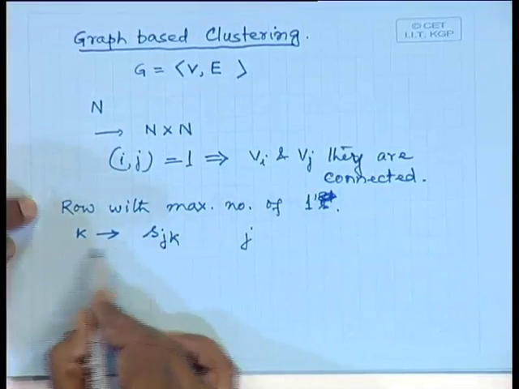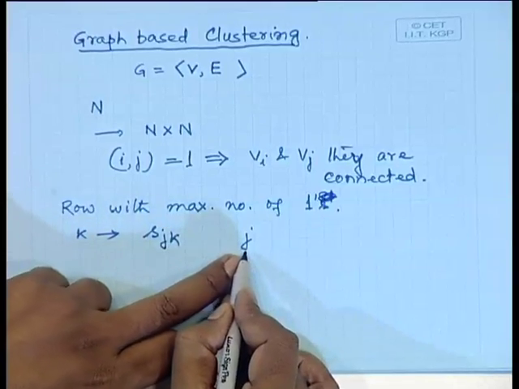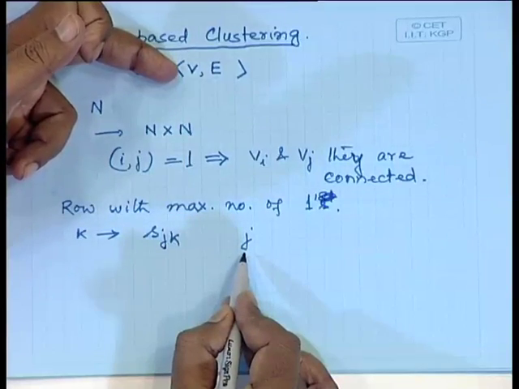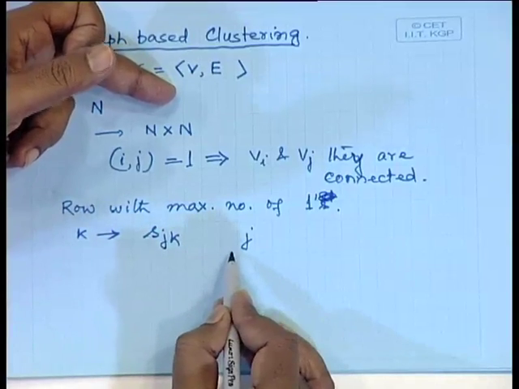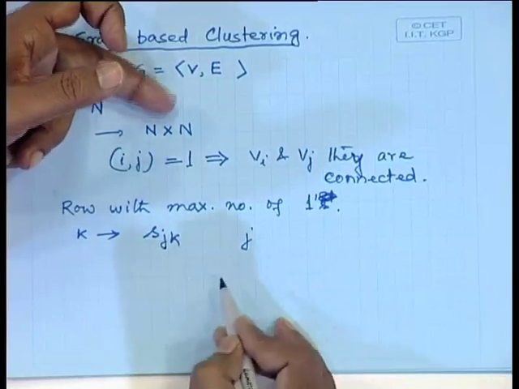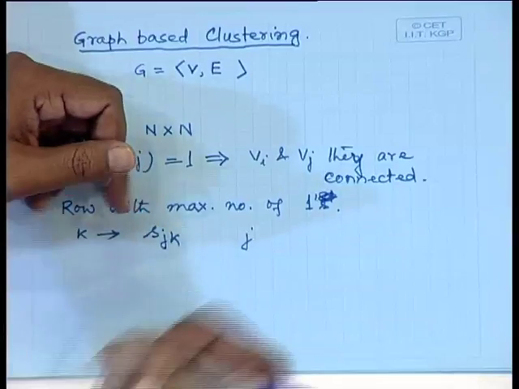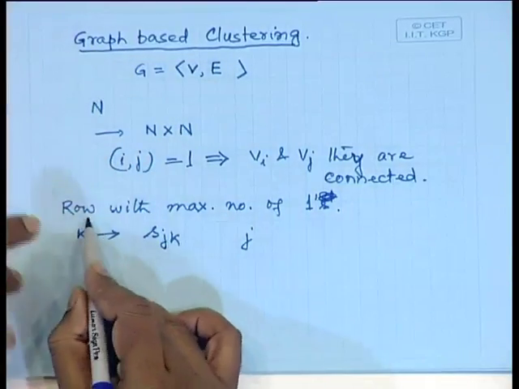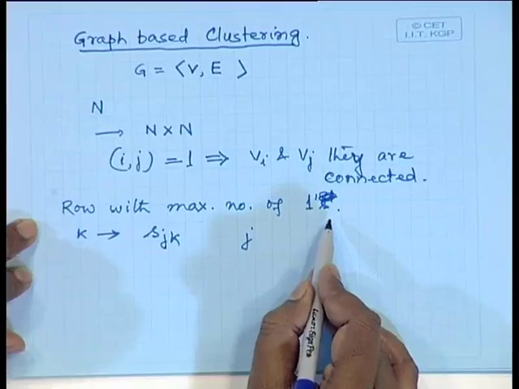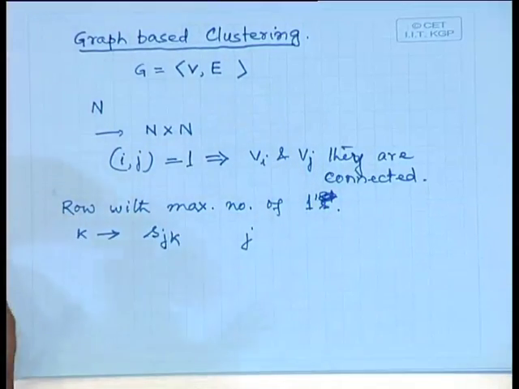Okay. So, if the jth feature vector is similar to the ith feature vector, and the kth feature vector is similar to the jth feature vector, then by transitivity the kth feature vector is also similar to the ith feature vector. So, when I take a row with the maximum number of ones and all the corresponding feature vectors are put into a single cluster, then I consider every point in that cluster and go to the corresponding row in my similarity matrix.